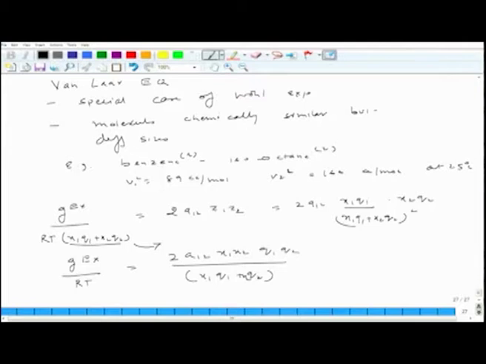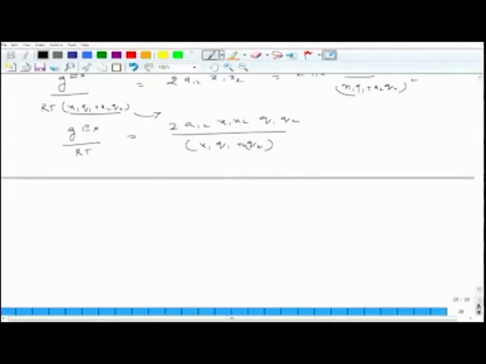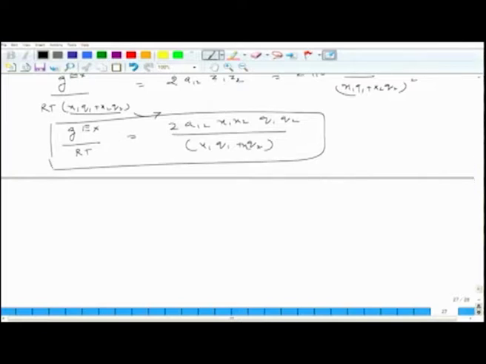Now remember that we are a little bit comfortable with A's and B's, because that makes the equation simpler, and we start from the one constant Margules equation. So we can actually write it in that form. If you do the calculations, you know that the activity is related to the partial excess property, and so you should be able to get this expression similar to how we got the one constant Margules equation and obtained the activity coefficient. Okay.